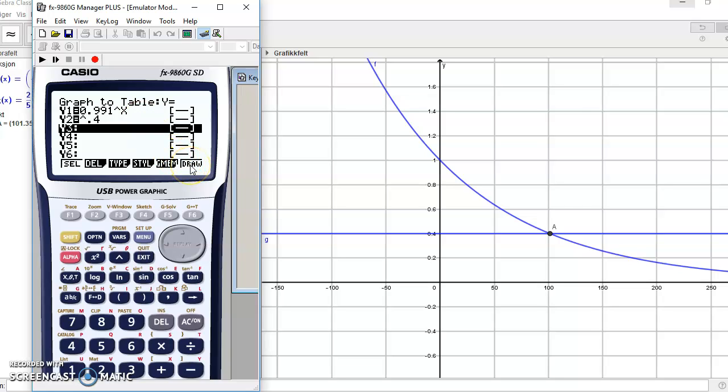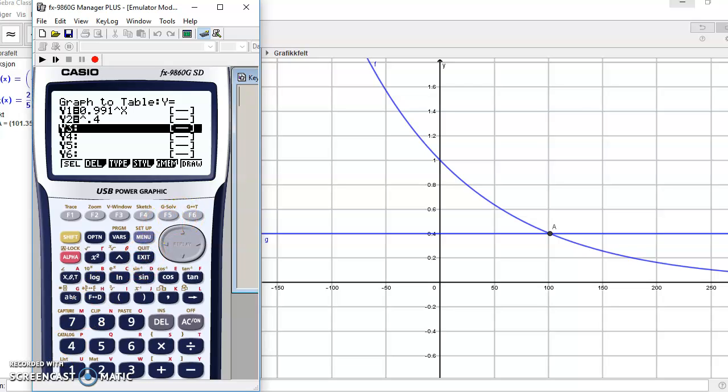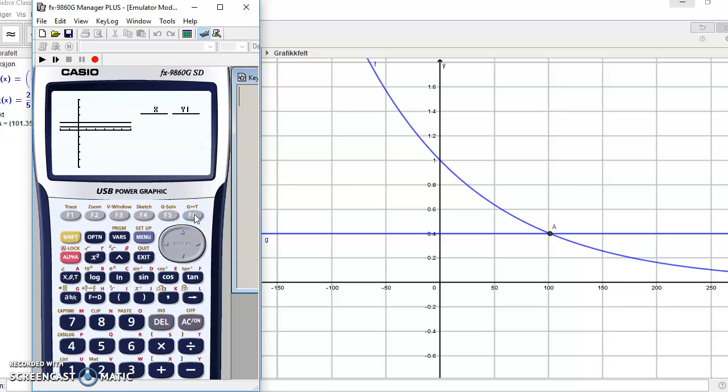And we could draw them. So F6, syntax error. Oh, I see what it is. It's this, so 0.4. Yep. And draw. Okay, now it looks like this. It's probably going to look different on the 9750, but I want to change the view window here.